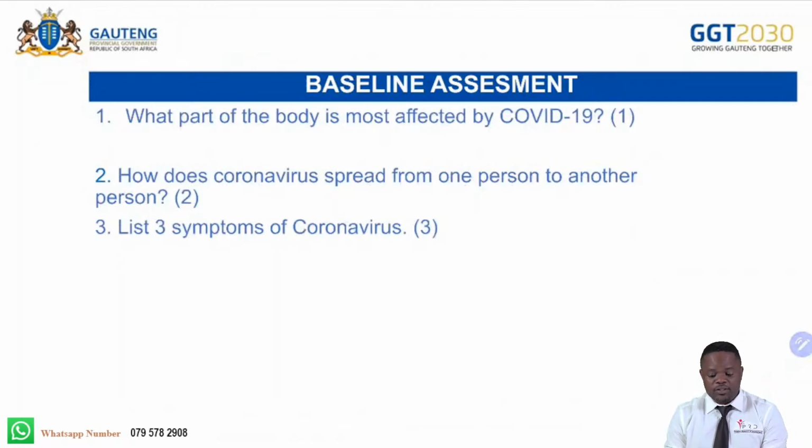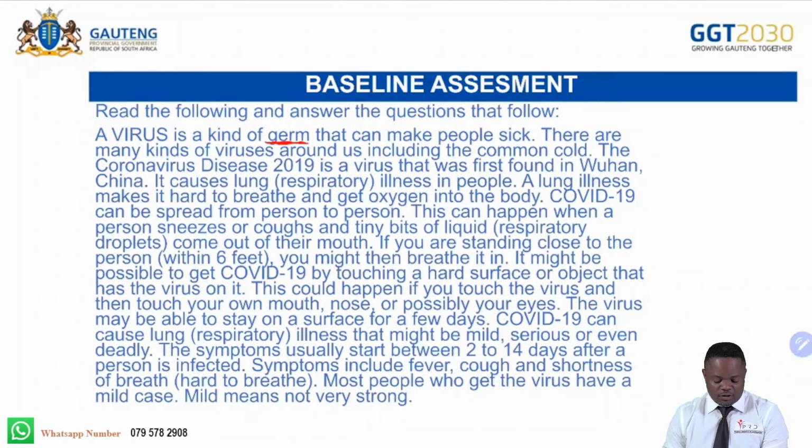What part of the body is most affected by COVID-19? And I'm sure you were able to get that one. It is the lungs. And then, how does a coronavirus spread from one person to another person? Let's go back to our paragraph to answer that one.